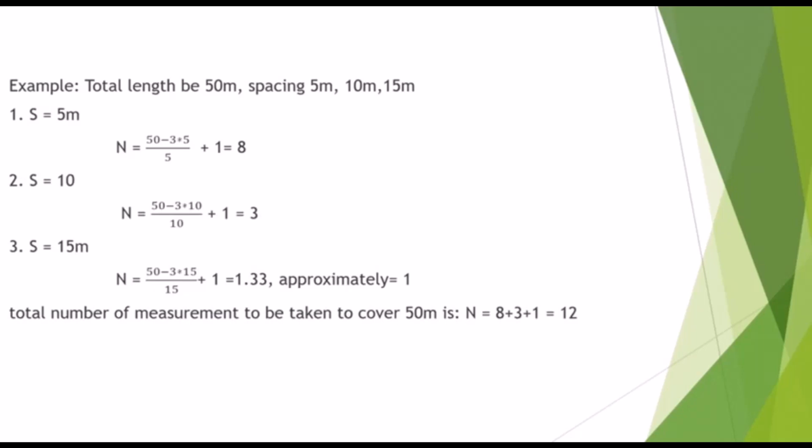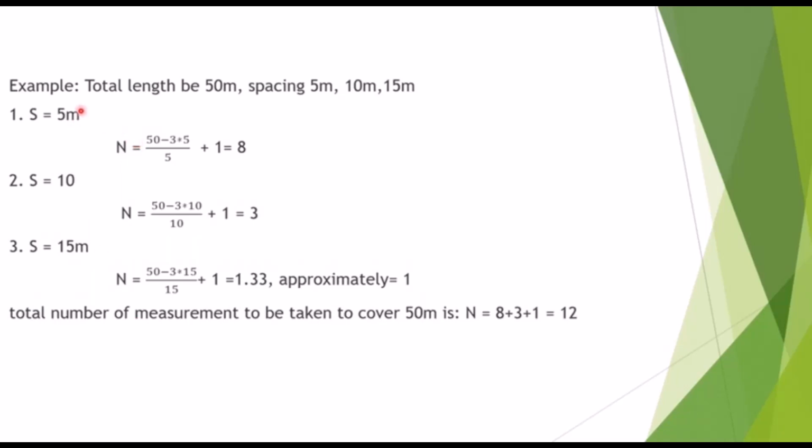So if we have to calculate the total measure numbers for a length of 50 meters by keeping the spacing between electrodes as 5 meters, 10 meters and 15 meters respectively, we can calculate as follows.